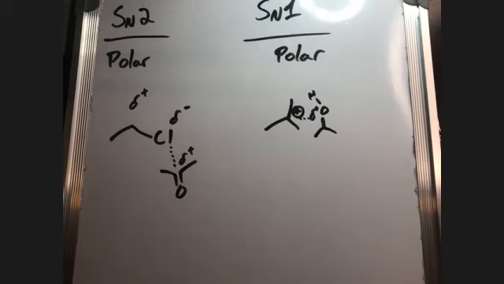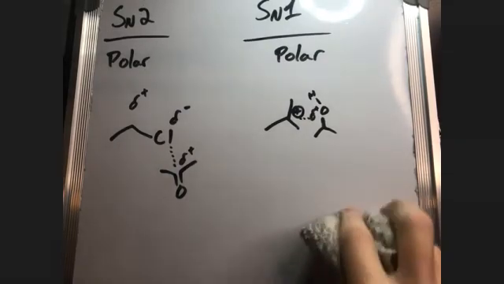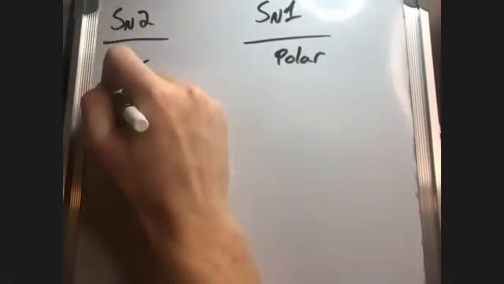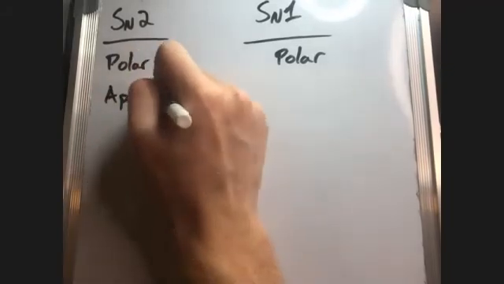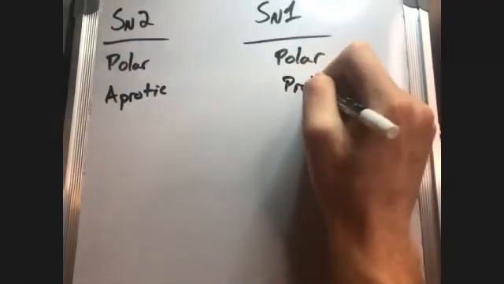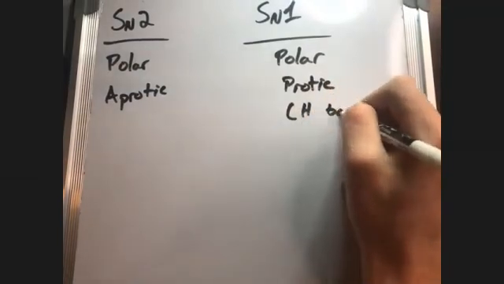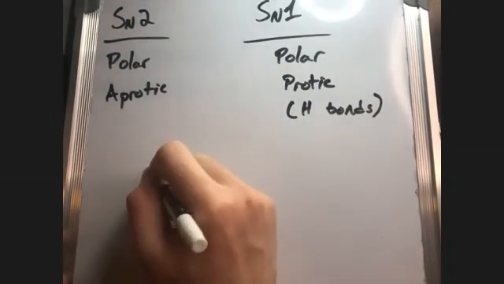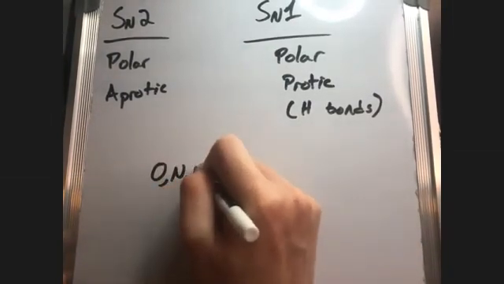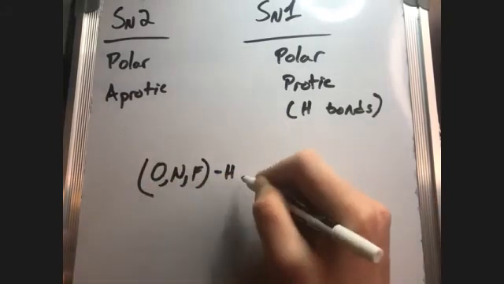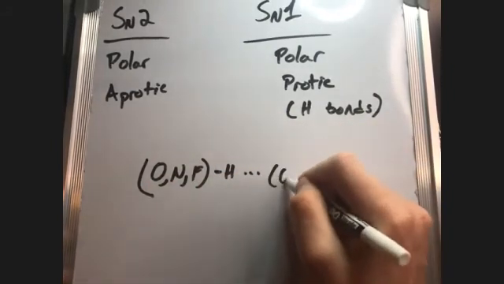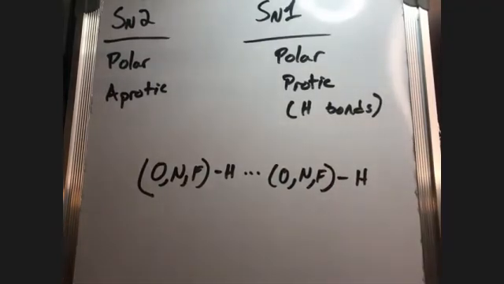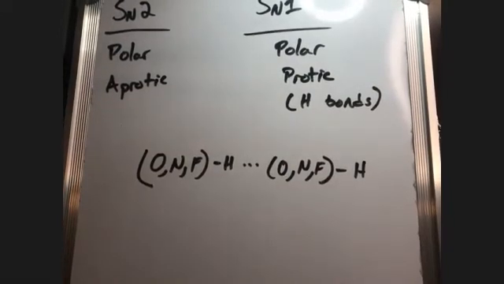But this implies that hydrogen bonding is well understood, and hydrogen bonding is very specific. So I'll define what I mean here. So aprotic, no hydrogen bonds, protic, hydrogen bonds. A hydrogen bond, as we define it in this case, is that you need an oxygen or nitrogen or fluorine that's bound to a hydrogen that interacts with another oxygen, nitrogen, or fluorine that is also bound to another hydrogen. Anything else is not considered a hydrogen bond. It's not considered a protic solvent.